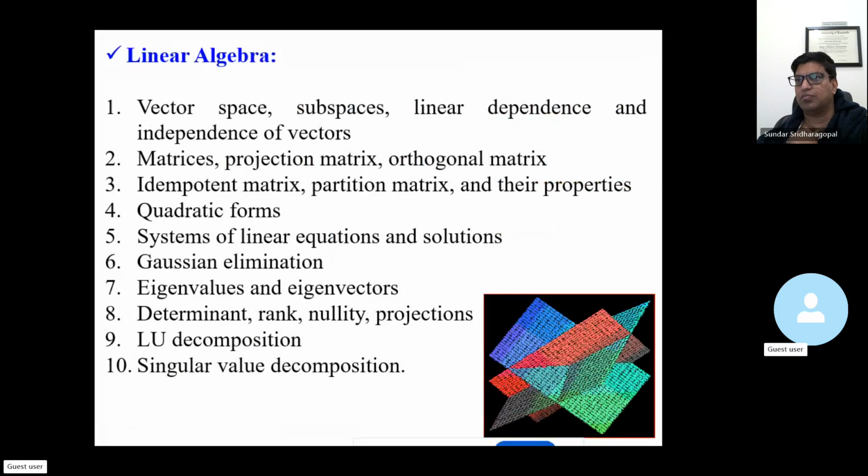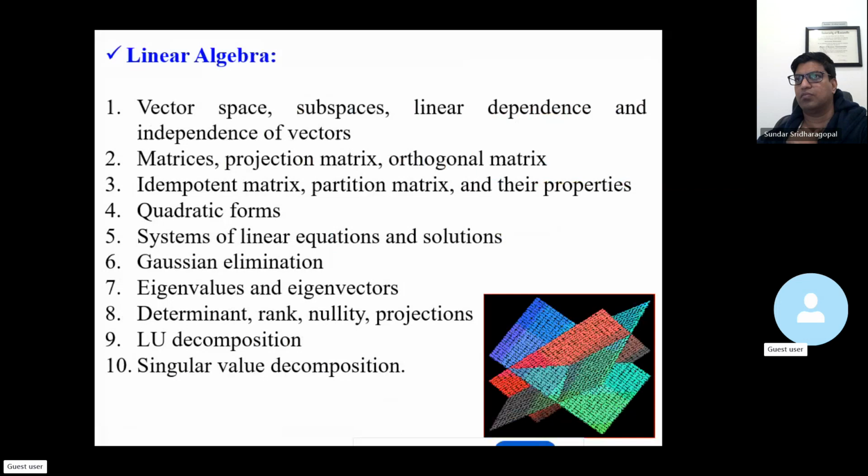And there are various properties we are studying for the matrices, quadratic forms, Gaussian elimination, eigenvalues and eigenvectors, determinant, rank, nullity, projections, LU decomposition, and singular value decomposition we are performing.